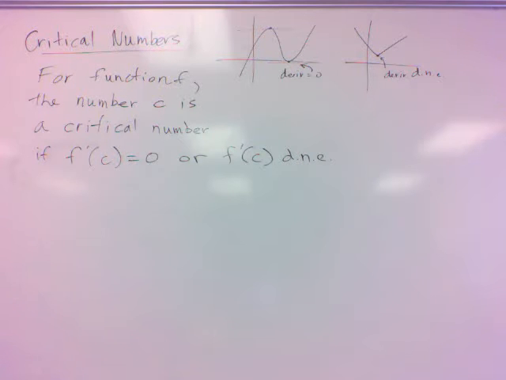And why do we call them critical numbers? Because critical things happen at critical numbers a lot of the time. Not always, but a lot of the time.